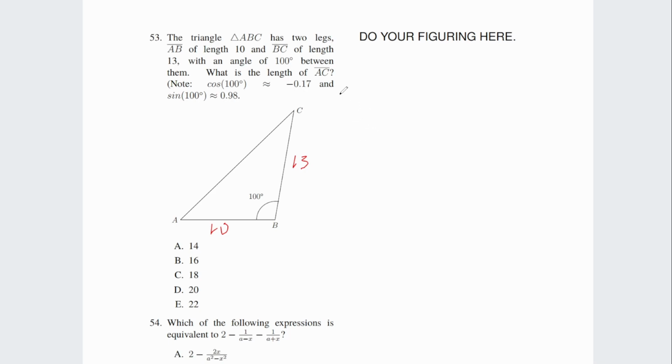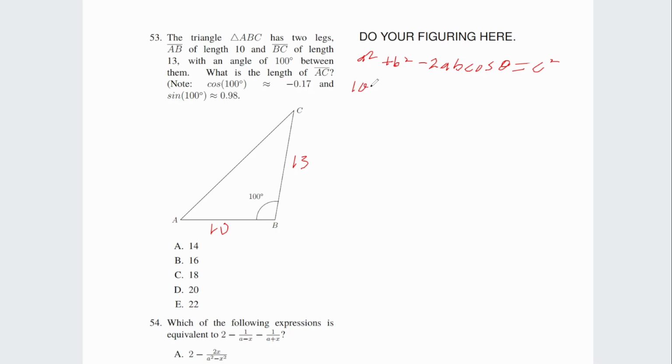If you do know the law of cosines, then you know that the law states, a squared plus b squared minus 2ab cosine theta equals c squared. Pretty simple if we really think about it.